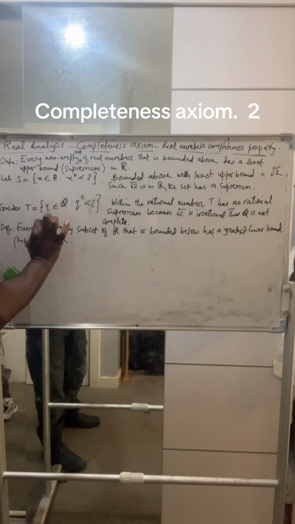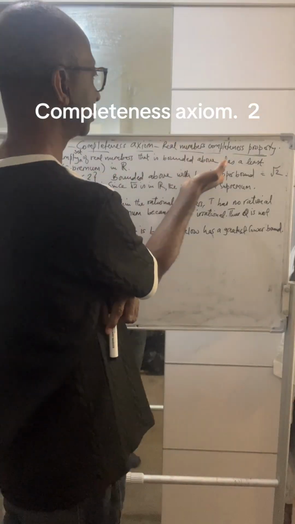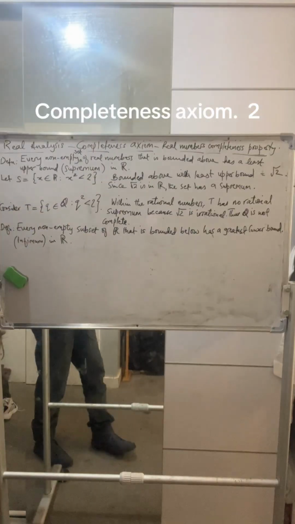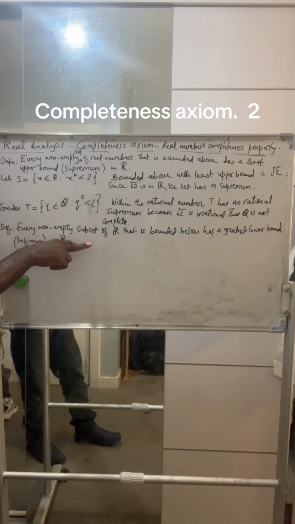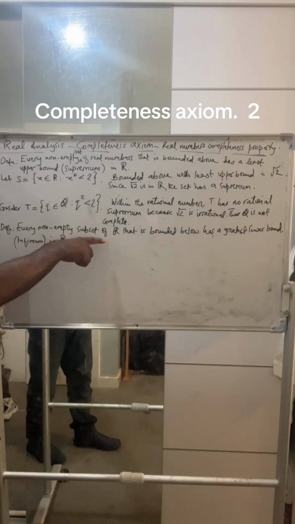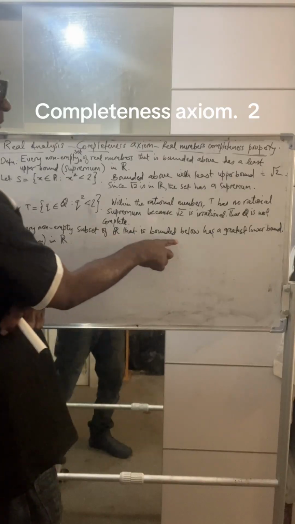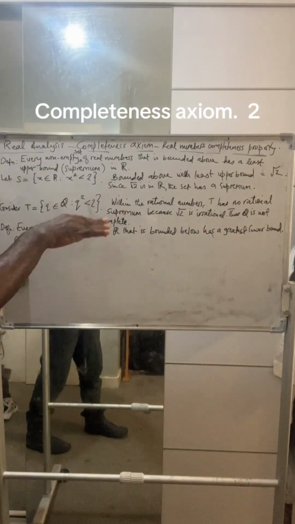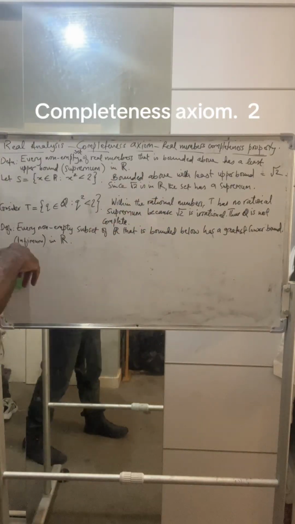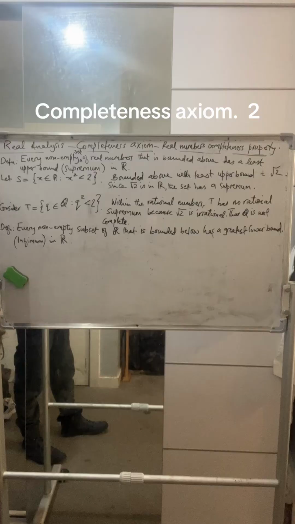So before we go to the corollary, that is, if this axiom says this, then this is also correct. Every non-empty subset of real numbers, this R is the symbol for real numbers, that is bounded below, this time now below, has a greatest lower bound called infimum in real numbers.